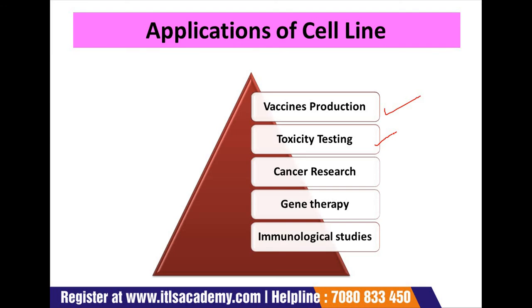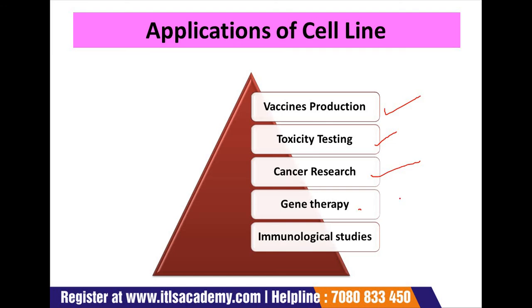Especially important are liver and kidney derived cell cultures. In cancer research, normal cells can be transformed into cancer cells by methods including radiation, chemicals and viruses. These cells can then be used to study cancer more closely and to test potential new treatments.